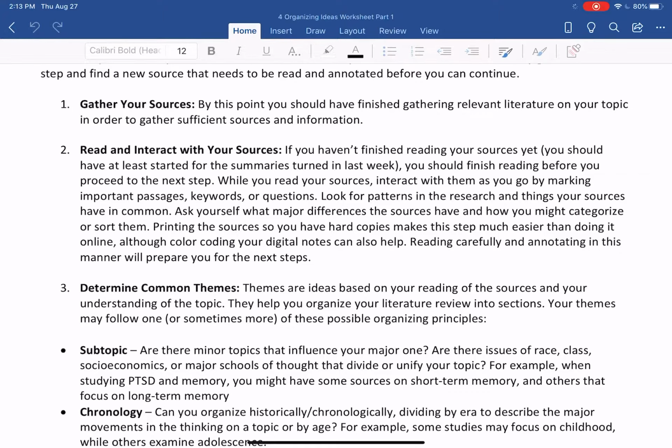After you've read a couple, you should start thinking about what the differences are between the sources and how you might categorize or organize them. Sometimes printing and using hard copies to help you sort things might make things easier, but we talked about using an Excel file or any kind of digital notes. You can actually color code them and use that in a similar way.